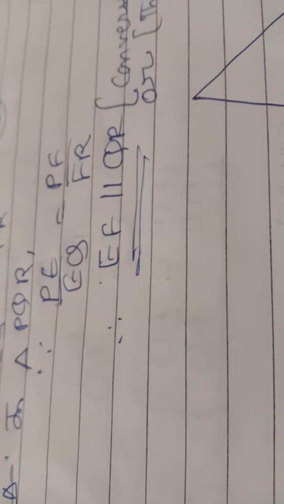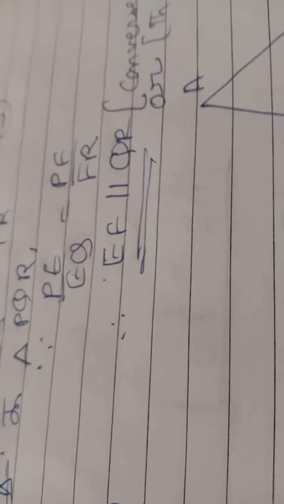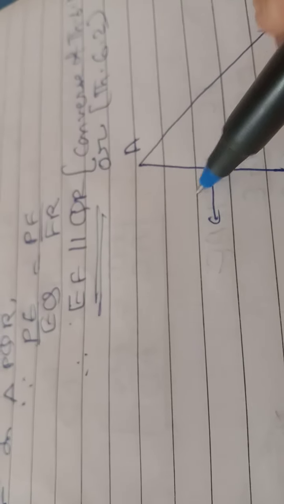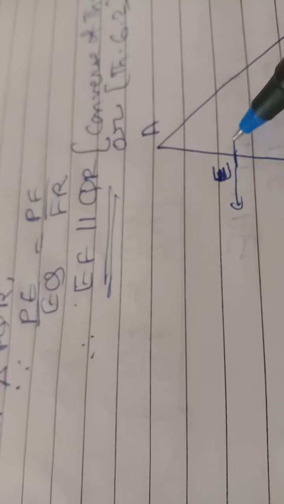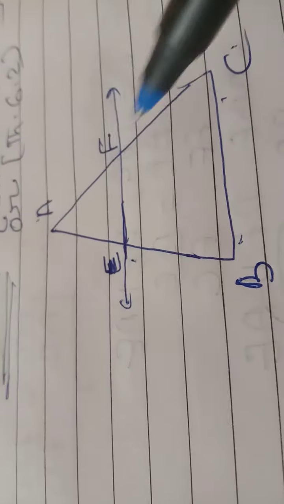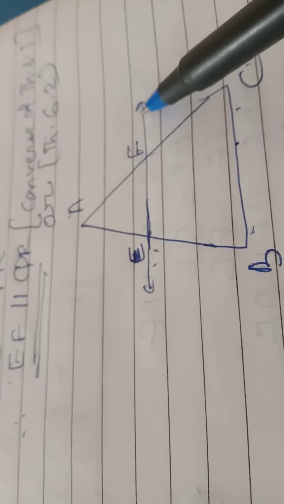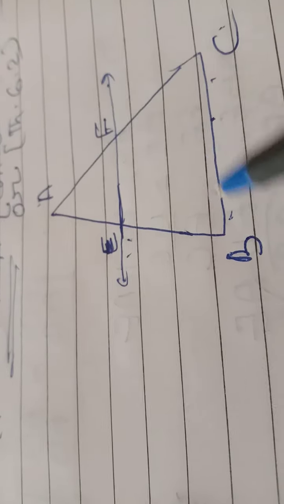What is the statement? That in the given triangle, suppose a triangle ABC is given, A, B, C. So if a line is drawn, if E is the midpoint of AB, it is parallel to BC, and what you have to prove is that if E is the midpoint of AB, it is also bisecting AC at point F. So if EF is parallel to BC, according to the condition of parallelity of a line, whatever points lie on the parallel line, they will all remain parallel to a given side.